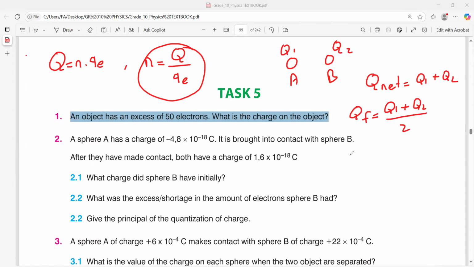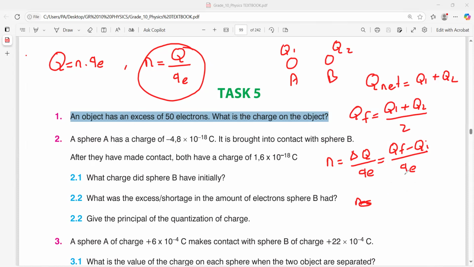And then if they ask you for the number of electrons transferred, N is equal to delta Q over QE. Delta Q is Q final minus Q initial, over QE. And then for N, you just calculate Q final and Q initial. Okay, we are not answering the question, just giving the formula.